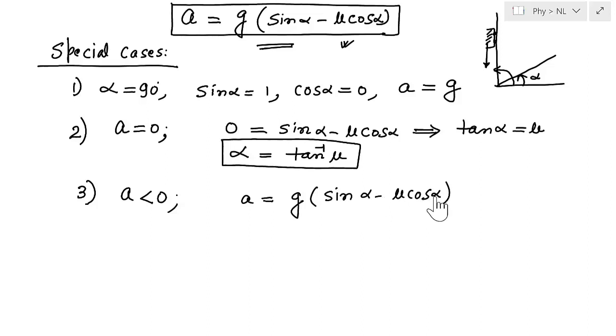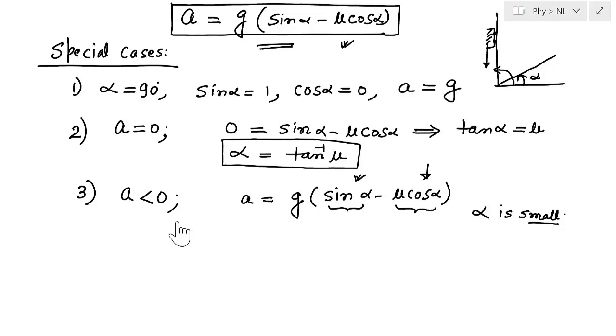So this is possible for smaller angles, smaller alphas. In that case, this term will be large and this term will be small. If alpha is small, cos alpha will be large and mu cos alpha can be greater than sine alpha. In that case, acceleration will be negative.